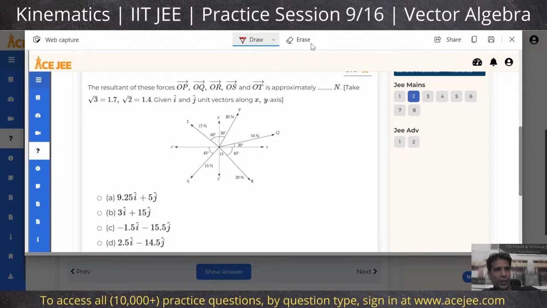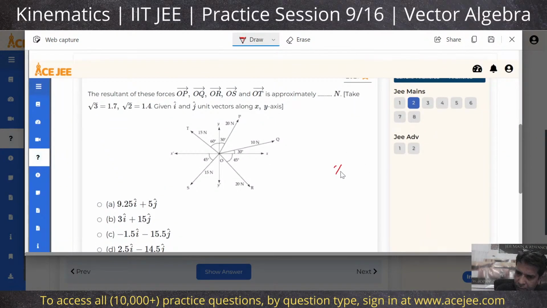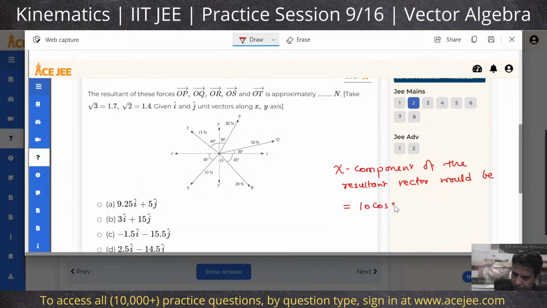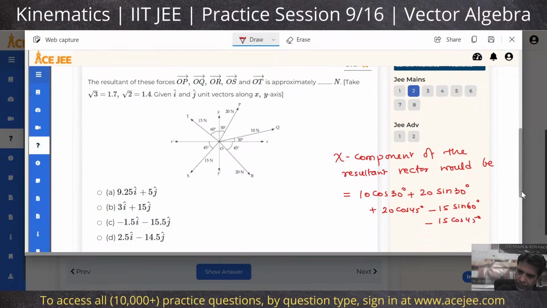You don't need to pursue both, just pursue one, let's say along the x-axis. सर ये आ गया. ये आ गया. Okay.